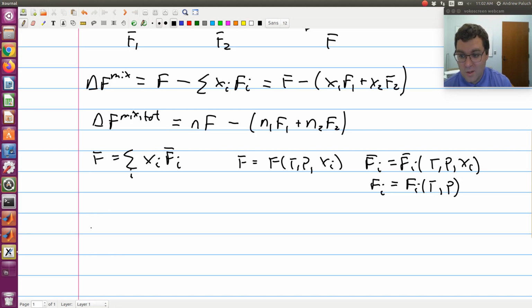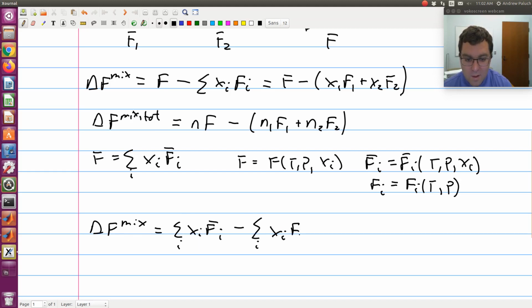In the general case, delta F of mixing is equal to the sum over i of x_i F bar i, that's just F, minus the sum over i of x_i F_i, or collecting terms, the sum over i of x_i times (F bar i minus F_i). I'm going to write delta F of mixing so I can box it in.